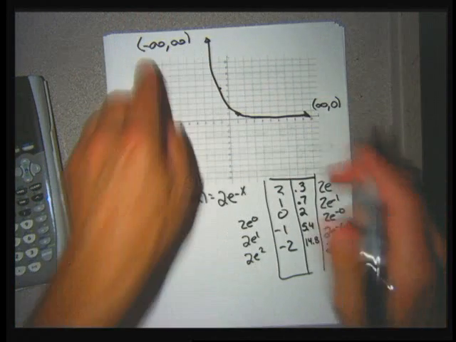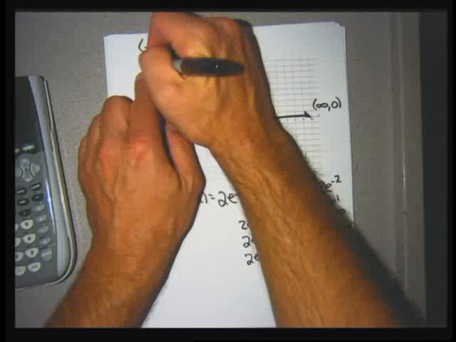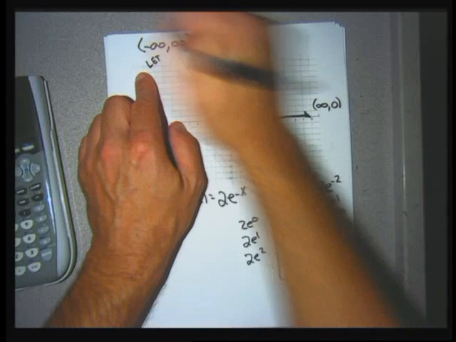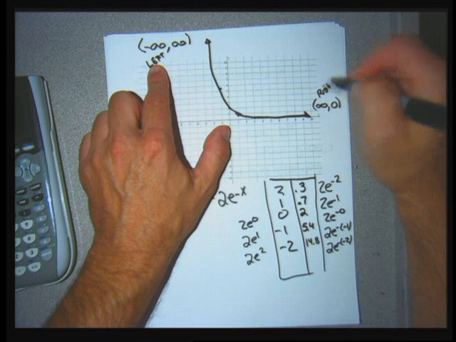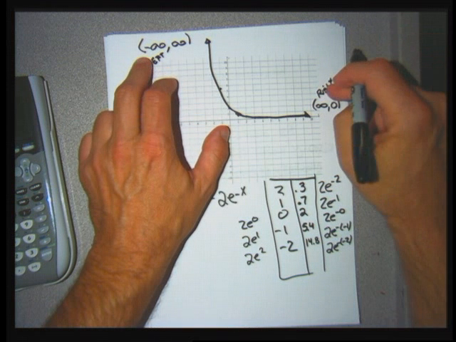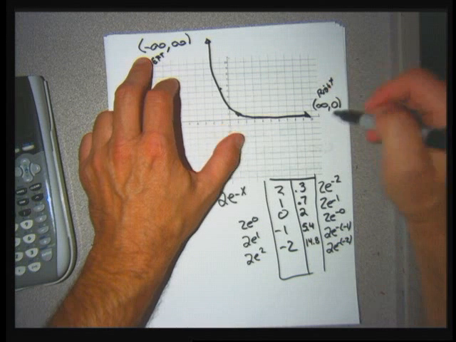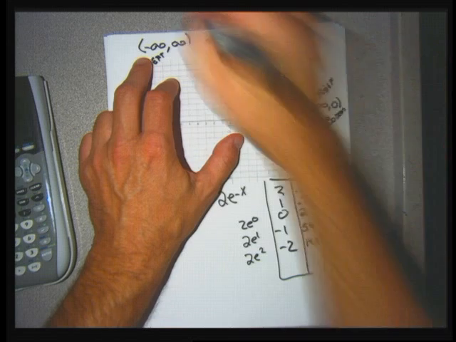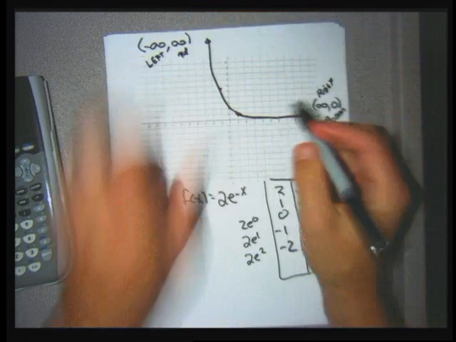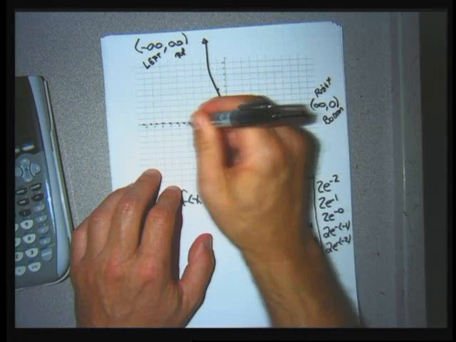So the domain again is going to be negative infinity to positive infinity because the x coordinates of the extended graph are negative and positive infinity. For the range, I go bottom to top. It's going to be the same range. The bottom y is 0, the top y is infinity, and I have the same horizontal asymptote.